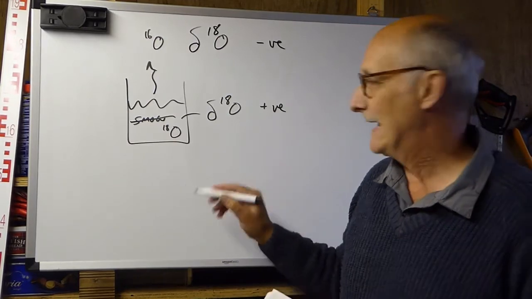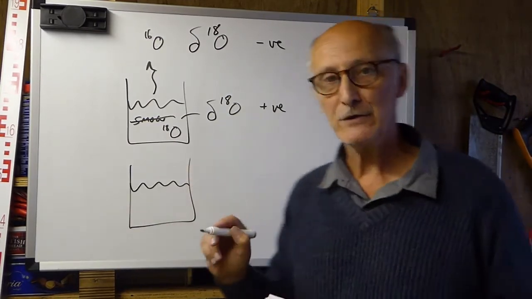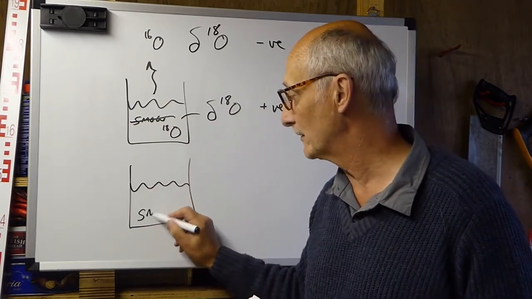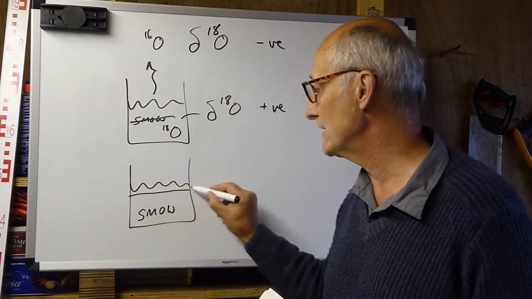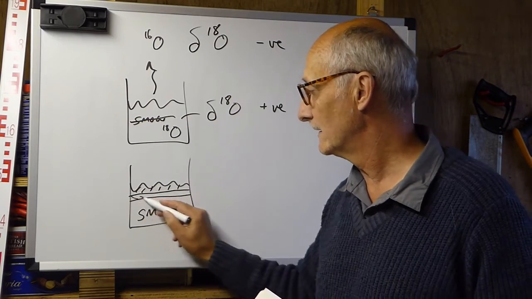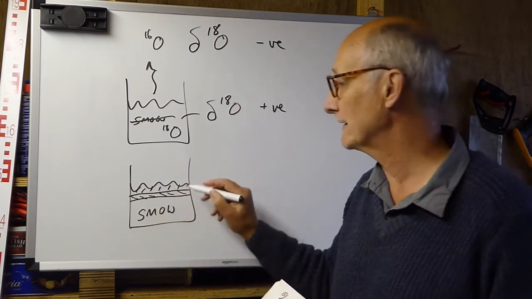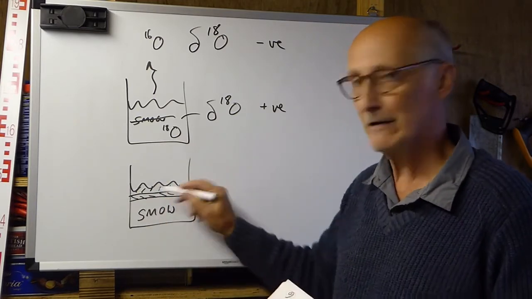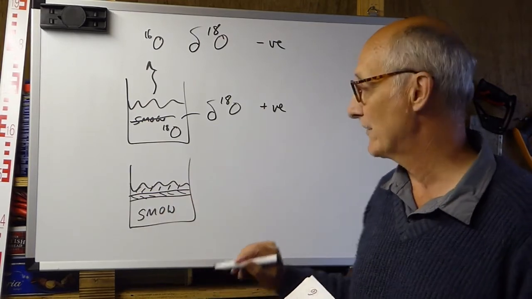The similar kind of thing happens in reverse if we're dealing with condensation or with freezing. So, for example, suppose I begin with a bucket of water again, standard mean ocean water, and I start freezing that water downwards from the surface. In these lower energy state frozen layers, the heavier isotopes are more likely to get trapped, whereas the lighter isotopes are more likely to escape and remain in what's left of the parent water.